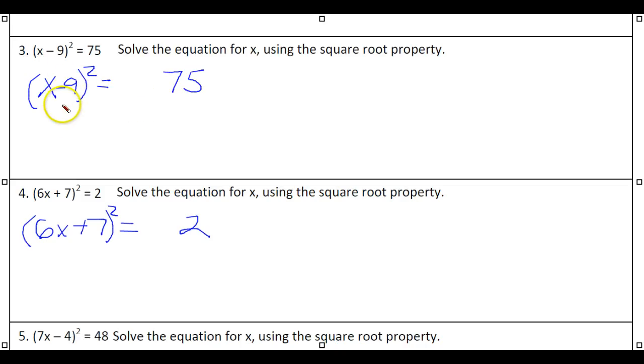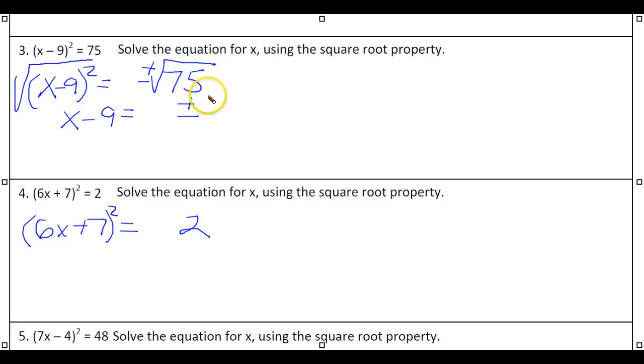Continuing with this pattern, we're going to take the square root of this side, plus or minus the square root of that side. This just becomes the radicand, x minus 9, equals, now plus or minus, this is the square root of 25 times the square root of 3.